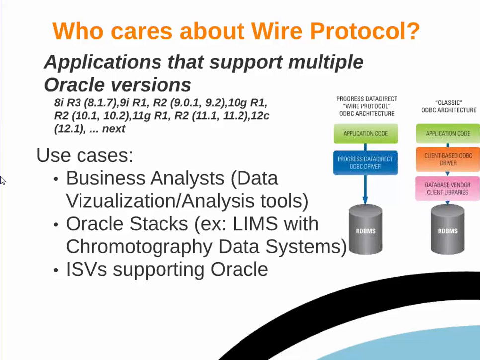So again, this works fine in the ideal world, but in the real world where you have mixed versions and you need direct connections and a wide range of support because you don't know what you're going to see out there, this wire protocol technology is great for supporting all these versions, especially reaching way back to 8.17, and we've even got older versions if you need to get back before that. And again, that direct connection is what enables that wide range of version support.